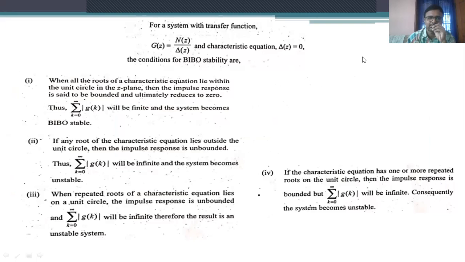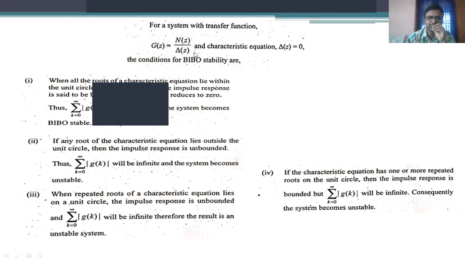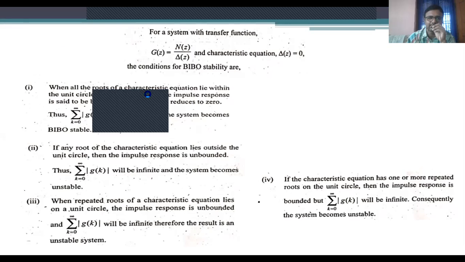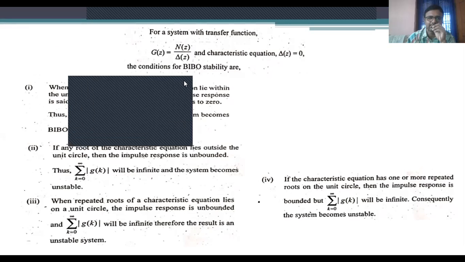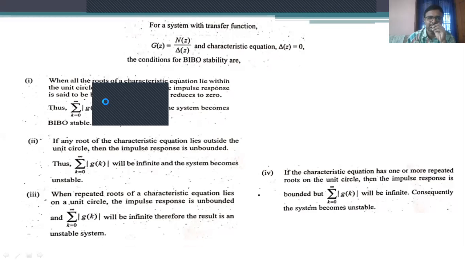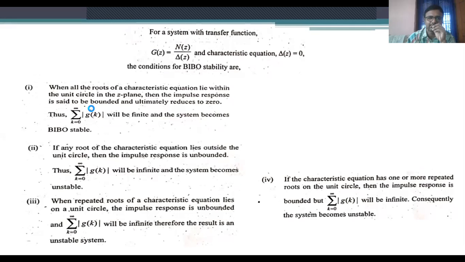So for a system with transfer function G of z equal to N of z divided by delta of z, with characteristic equation delta of z equal to 0, now we are going to discuss the conditions for bounded input, bounded output stability.